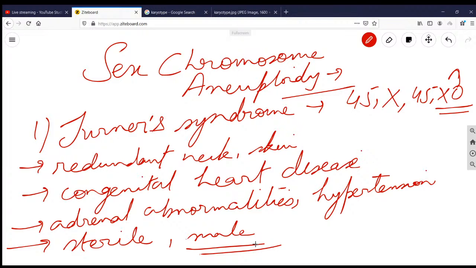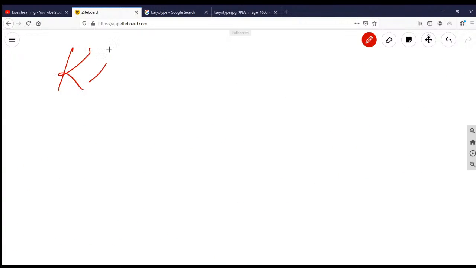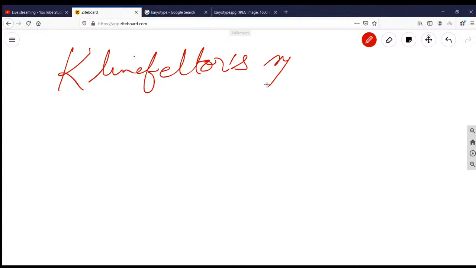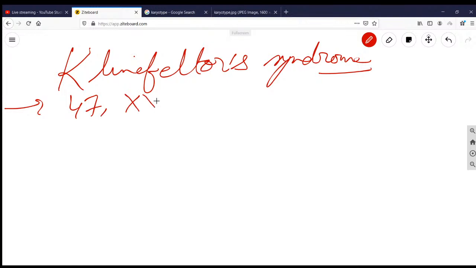One more thing. The next disorder would be Klinefelter syndrome. This one is recognized by 47, because you have double X with Y. Instead of XY, you have XXY.